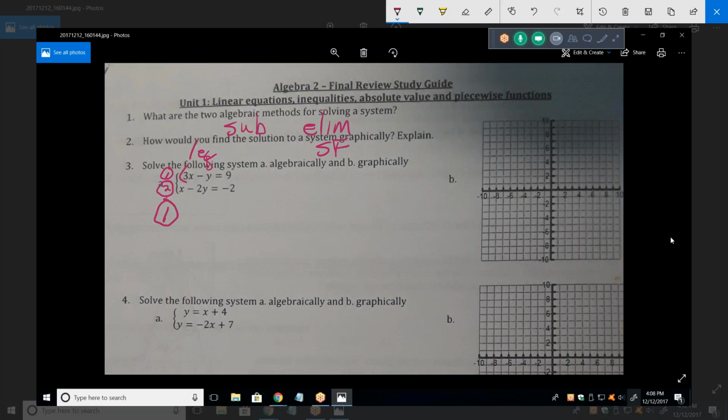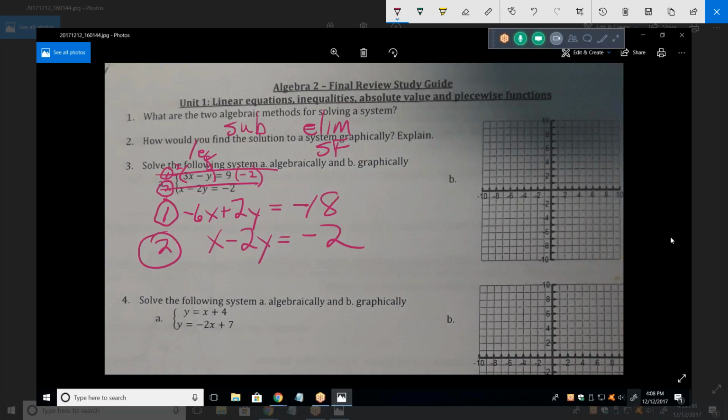I'm going to multiply that side by -2. I'm going to multiply that side by -2. What does that give me? That gives me minus 6x plus 2y equals minus 18. And just for the sake of having the same size, I'm going to rewrite equation 2. I'm not going to change it. Equation 2 stays exactly the same. Now notice, I cross those out because those are no longer the ones I'm working with.